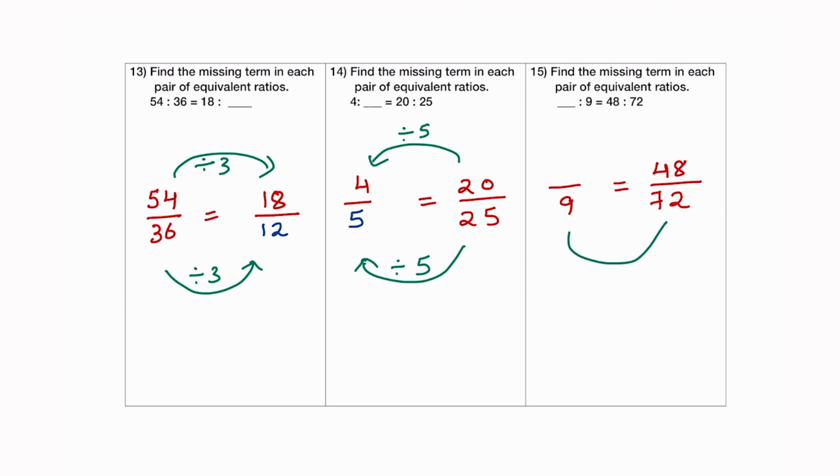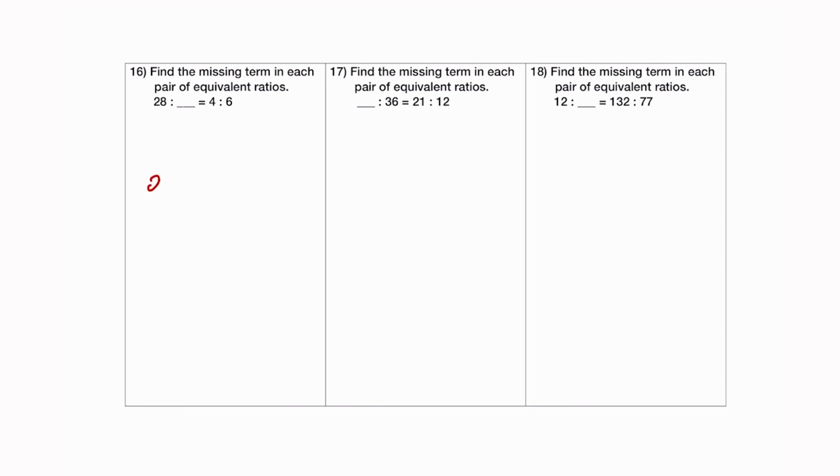So 72 to 9 is divide by 8. Same thing here. Divide by 8. So 48 divided by 8 is 6. 28 over something equals 4 over 6. Now, 4 to 28 is times 7.